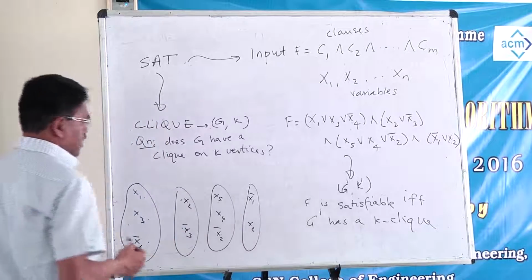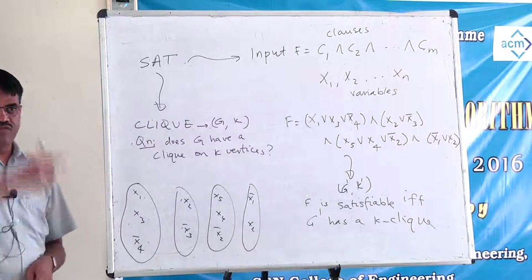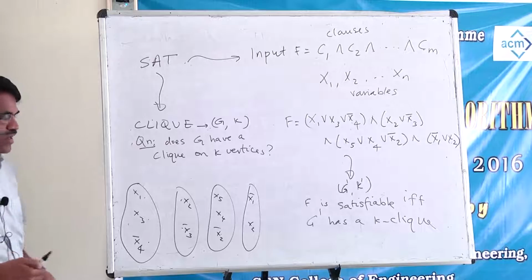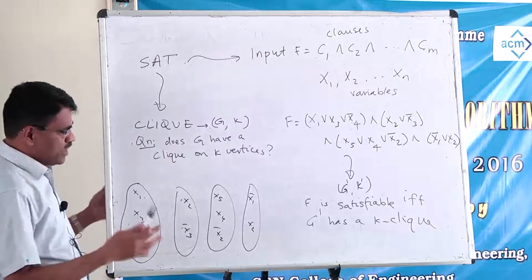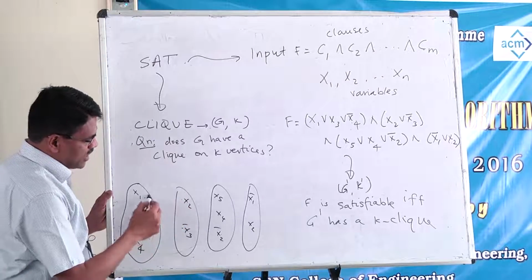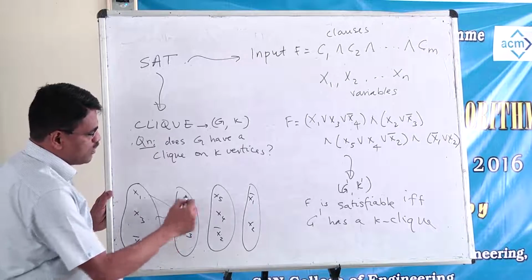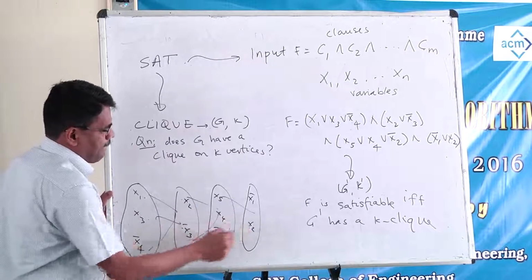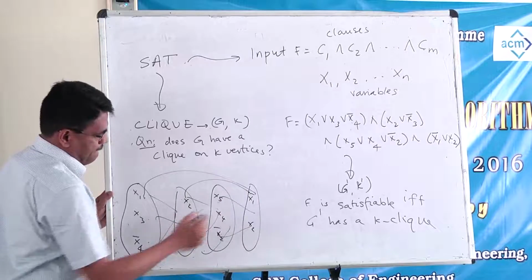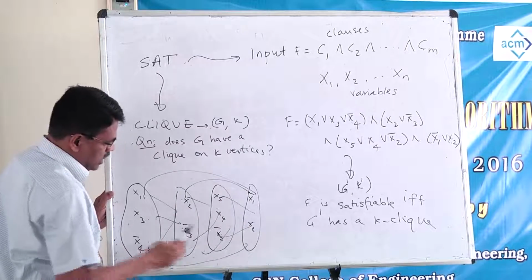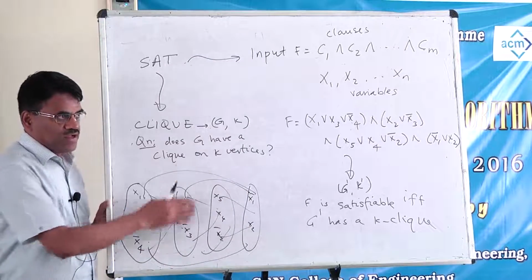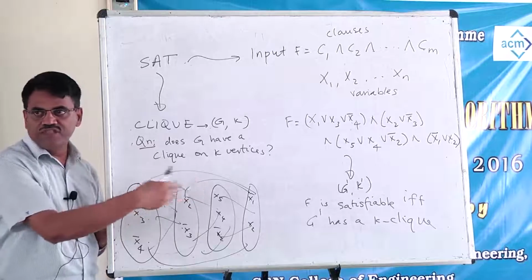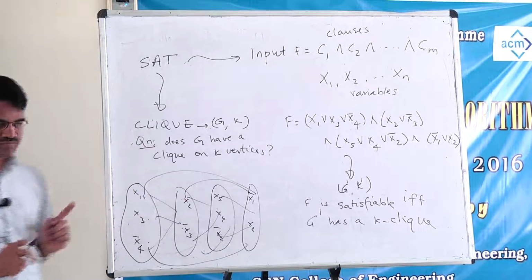This is my vertex set of this graph from the formula, and how are the edges? Initially, as a false start, let's say I draw all edges between every pair of them. Every edge inside, it's all independent, and every edge between every pair is there.